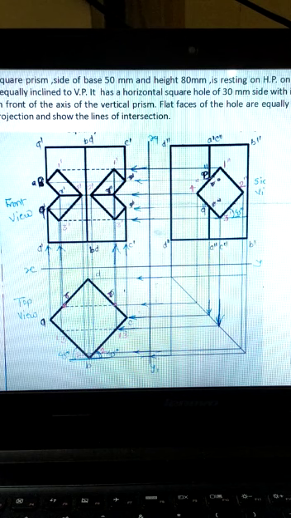So we transfer P double dash and Q double dash first to the top view, and then to the front view. So here we got one more point like Q and P, and the same points here, P and Q.